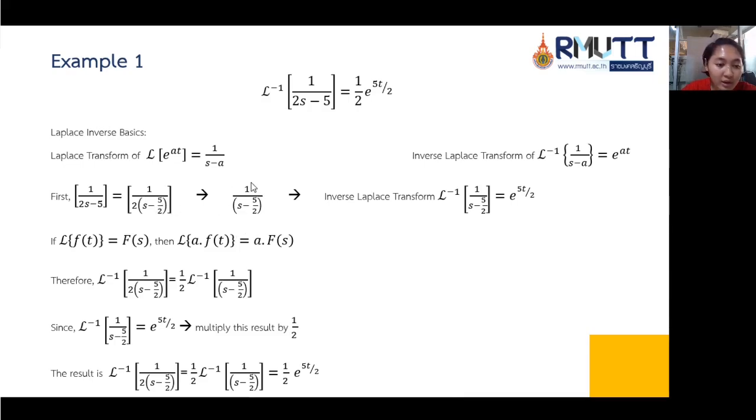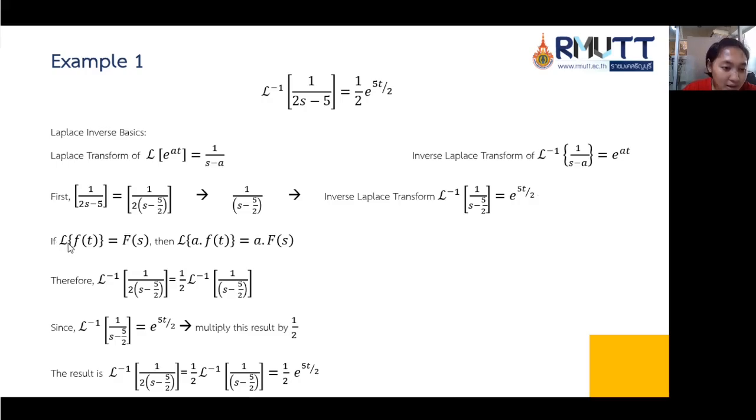And then I only use the value of 1 divided by s minus 5 divided by 2. Then from this value, we can get the inverse Laplace transform of 1 divided by s minus 5 divided by 2 is equal to e to the power of 5t divided by 2.